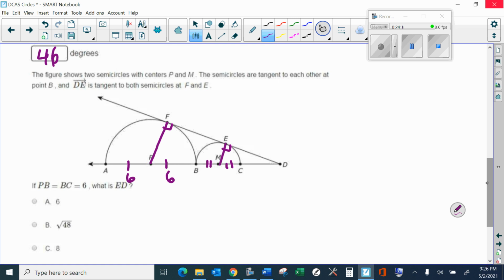It makes this 6. That's a radius as well. You know it's 90. What is ED?